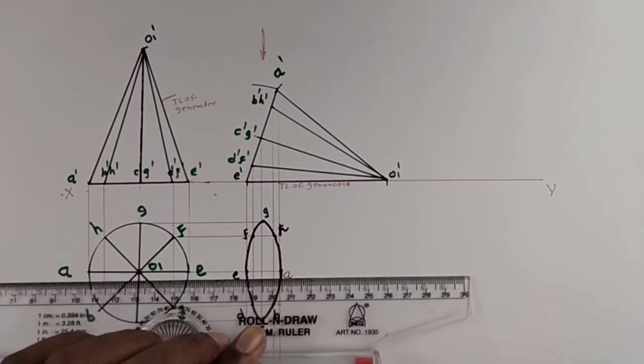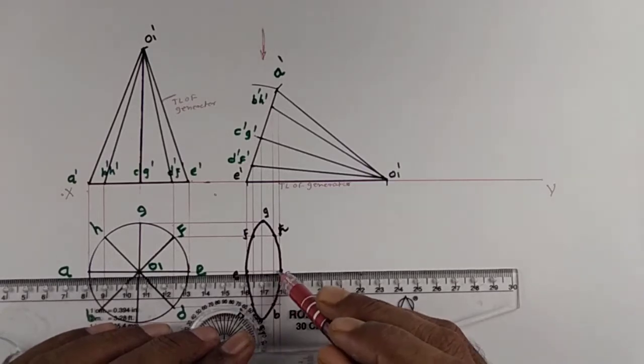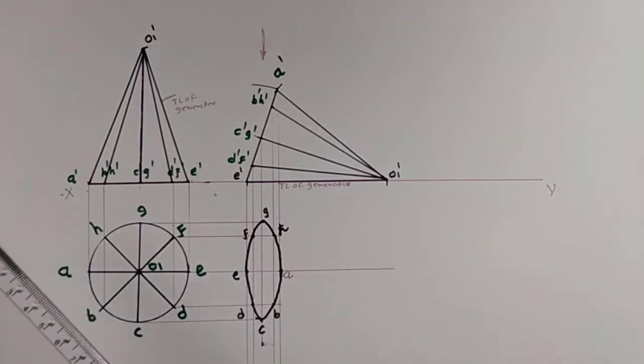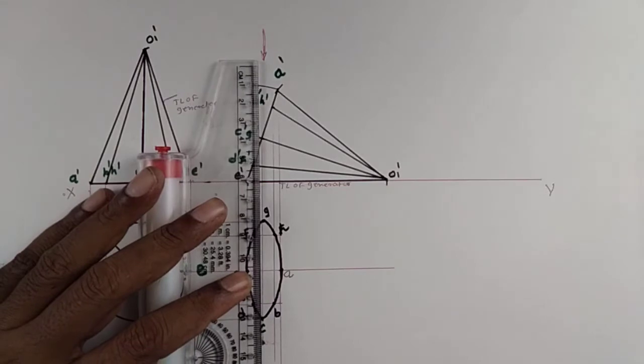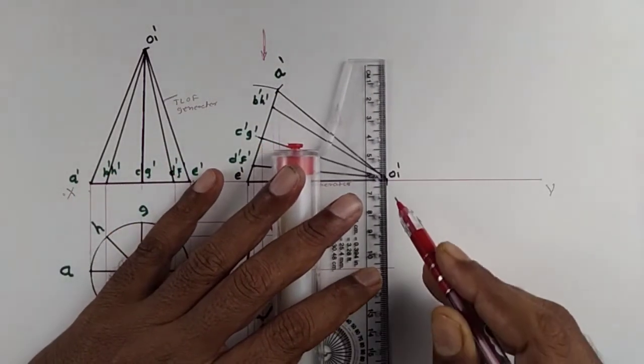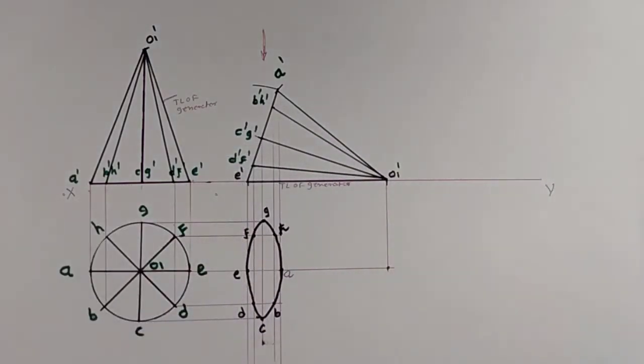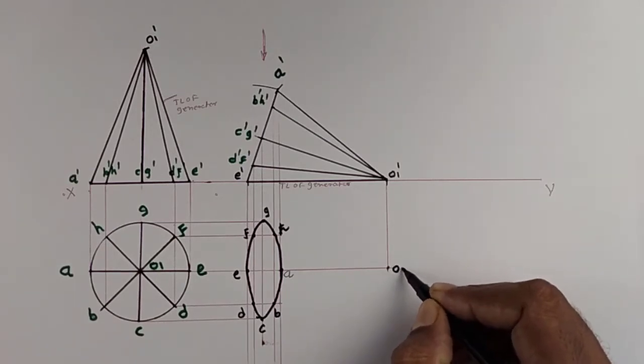Now we can project our apex. So I take the horizontal projection from the previous plan and the vertical projection from the elevation. The intersection point is our plan point of apex O1.